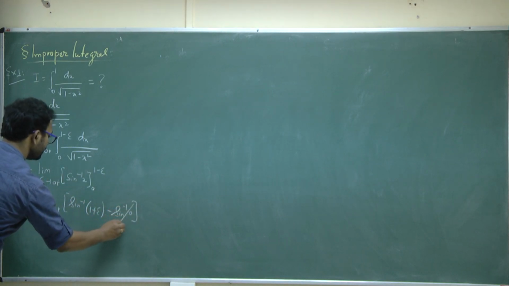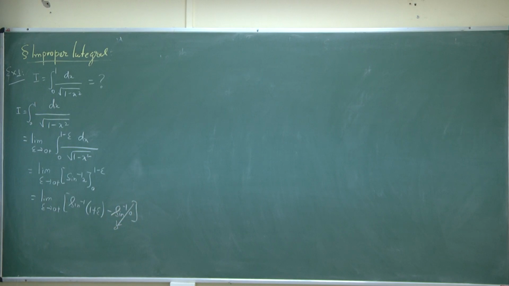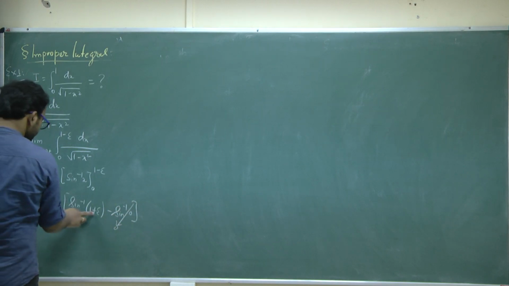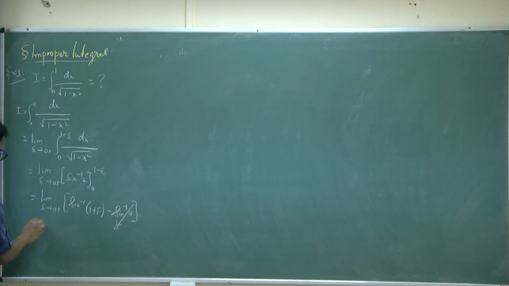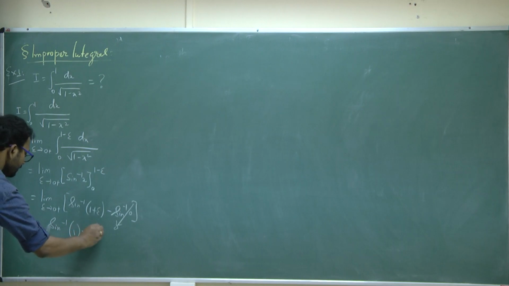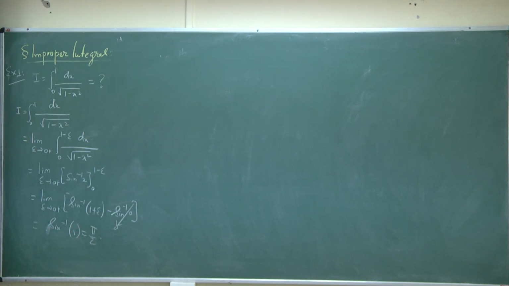Sine inverse 0 is 0, so that we already know. And when epsilon goes to 0, this entire thing will go to sine inverse 1. Now sine inverse 1 is, I hope it is pi by 2, yes. So sine inverse 1 is pi by 2.